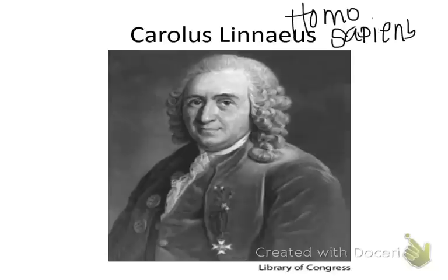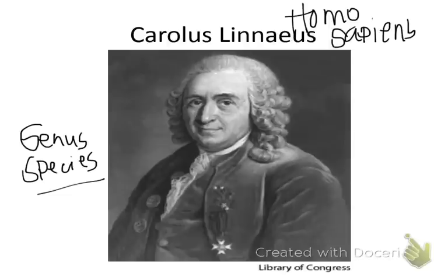Example, Staphylococcus aureus. Example, from the beginning story, Penicillium notatum. He came up with all the different names, and he came up with everything needing two names. And your name comes from your genus and your species. So our genus is Homo, and our species is sapiens.